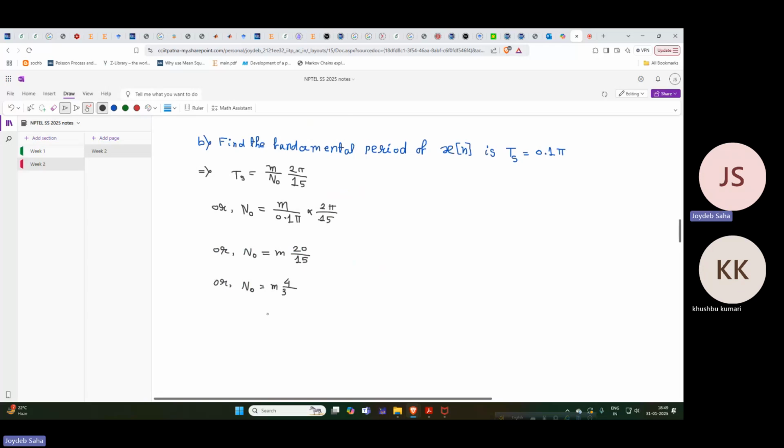Now we have to check for what value of m it is an integer. So the lowest value is 3.